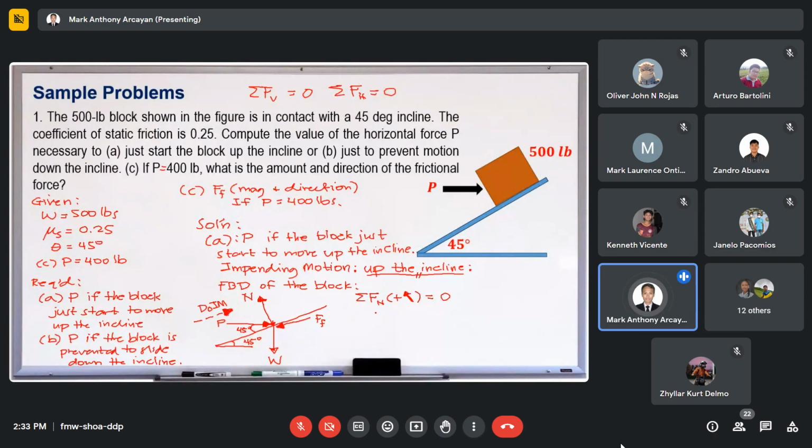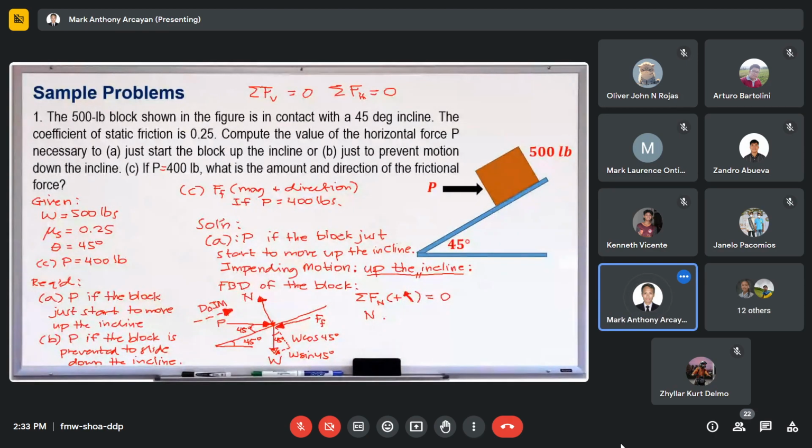We have the normal force, positive. Then the weight's normal component is W cosine 45, since this angle is also 45 degrees, and its parallel component is W sine 45 degrees.